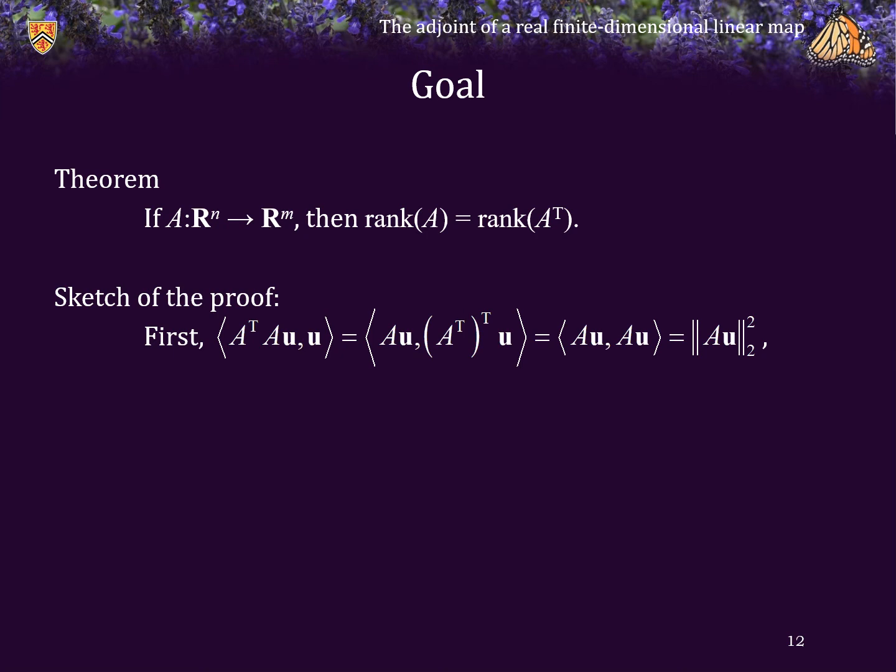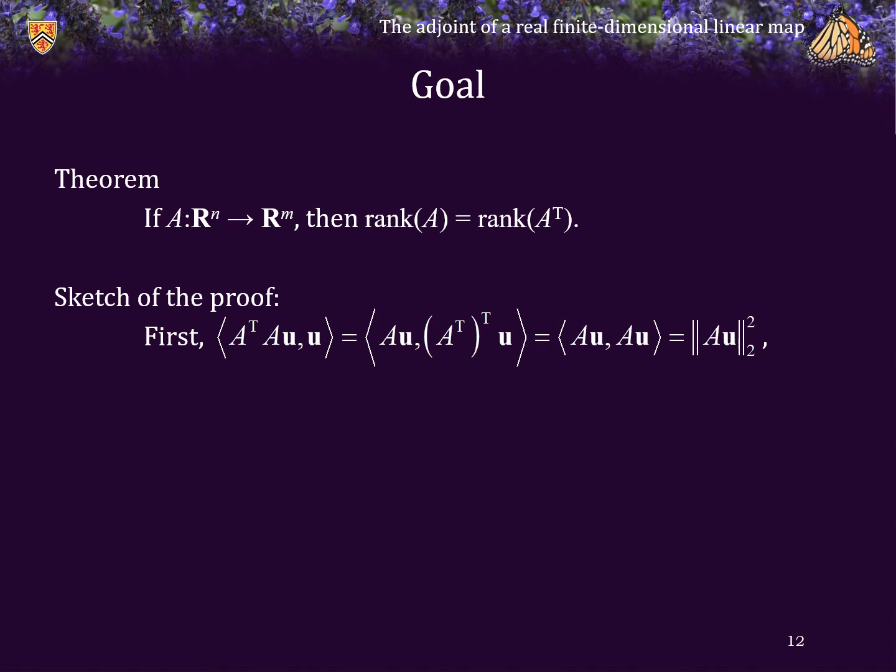So A transpose times A is actually a linear operator on R^n. Okay, if u is in the null space of A, then A transpose times A times u is also going to be equal to the zero vector, as the image of the zero vector is the zero vector.